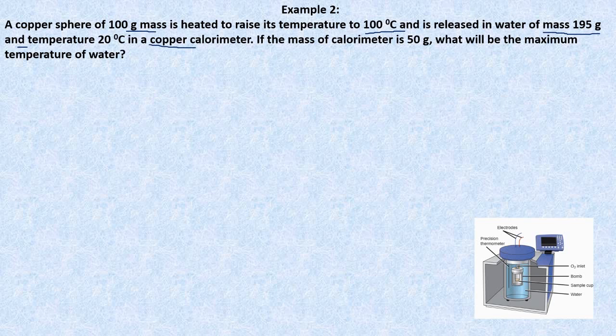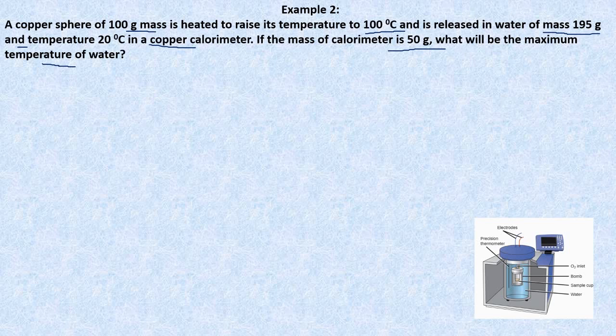If the mass of the calorimeter is 50 gram, what will be the maximum temperature of the water? We have to find the maximum temperature of water in the calorimeter.